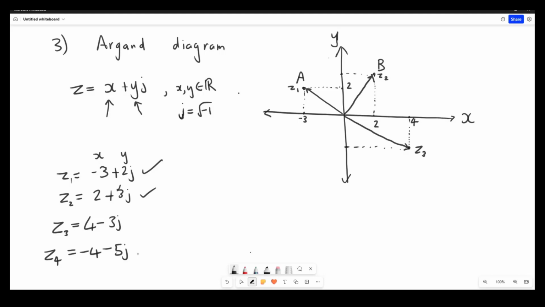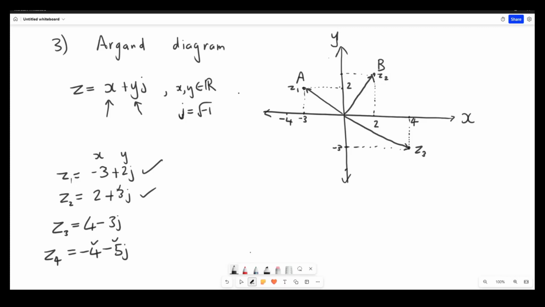With Z4, both the real and the imaginary parts are negative. So we'll be in quadrant number 3. Suppose -4 lies there. And this was -3, this one for that number. And say -5 lies somewhere there.